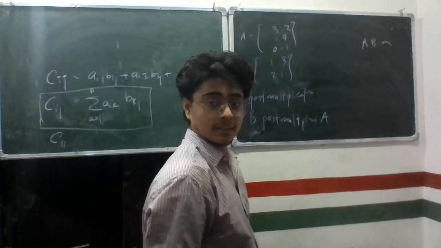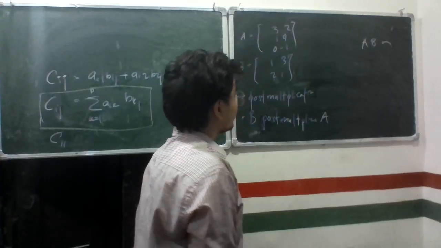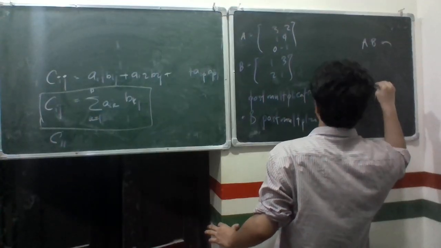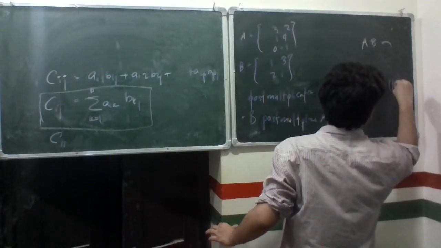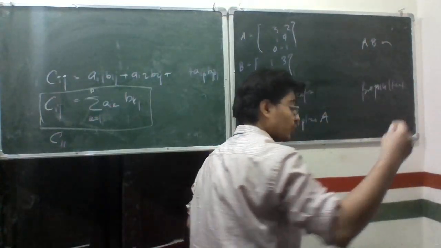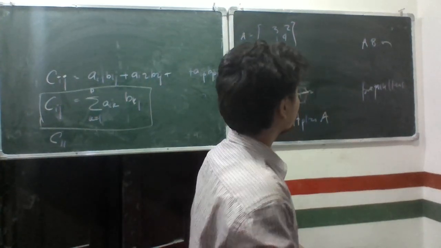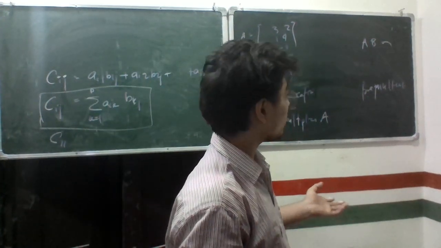I'm not going to do that. You know how to do it. And if I say the same thing, let's suppose this to be pre-multiplication. Let's suppose our question says find the pre-multiplication. Then pre-multiplication with respect to what?